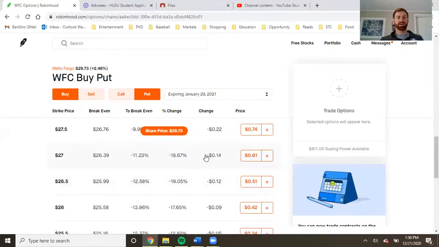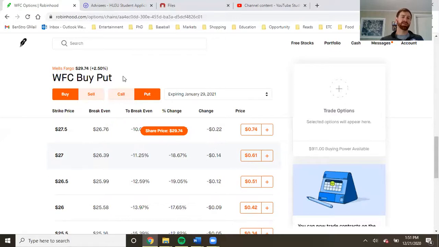Here you see one. If it's at $27 between now and January 29th, you can exercise that put. You won't start making money on it, since it costs you 61 cents per share to own the put, until you get down to $26.39. So there's the second side of it.